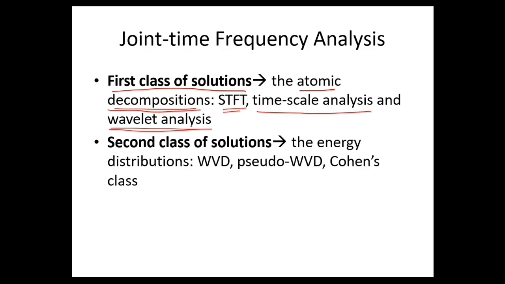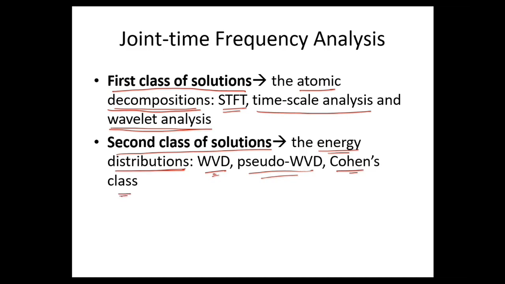We do the analysis directly on the signals using windows. In the second class of solutions, we have energy distributions, and over here we have the Wigner-Ville distribution, pseudo-Wigner-Ville distributions, and Cohen's class analysis.